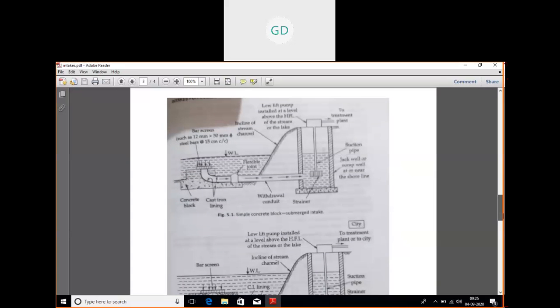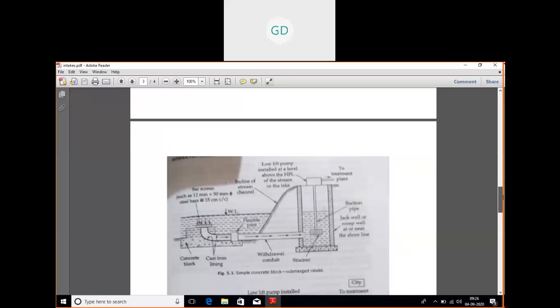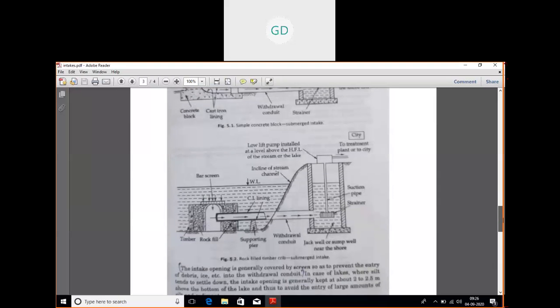This is the drawing this way. One by one, screenshot you take. Take this one screenshot. Then this one you take the screenshot.